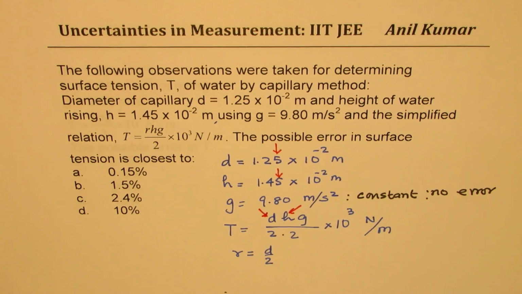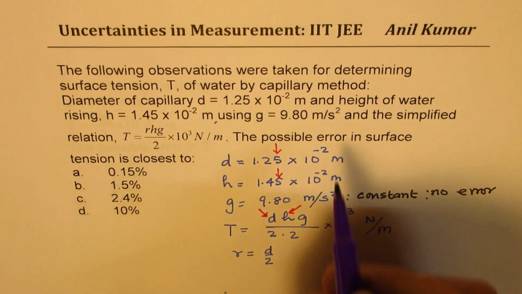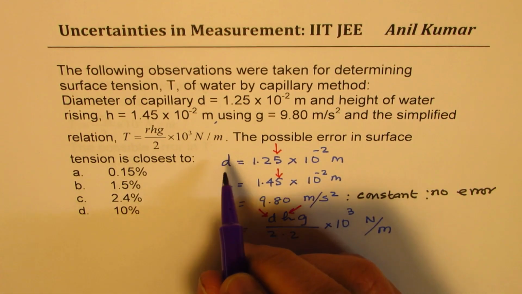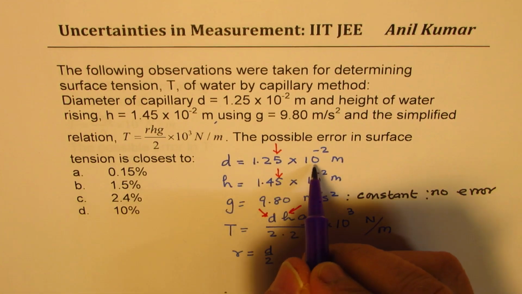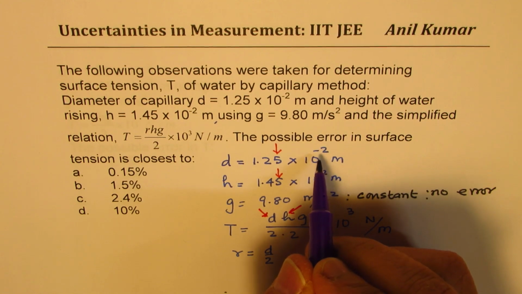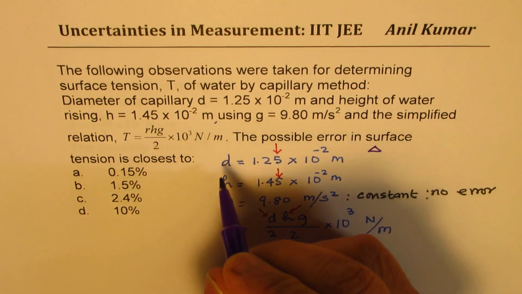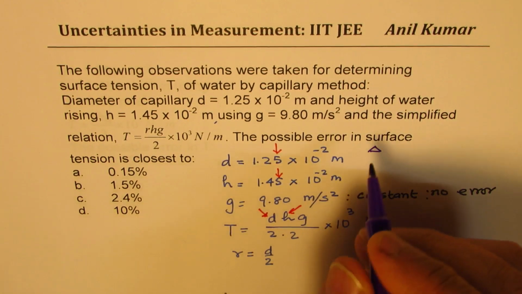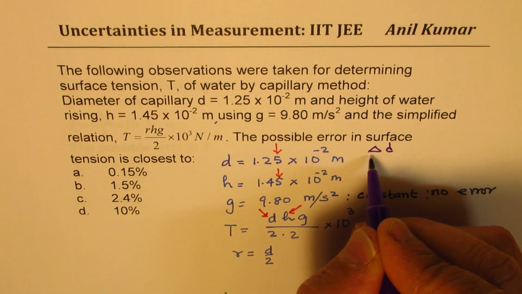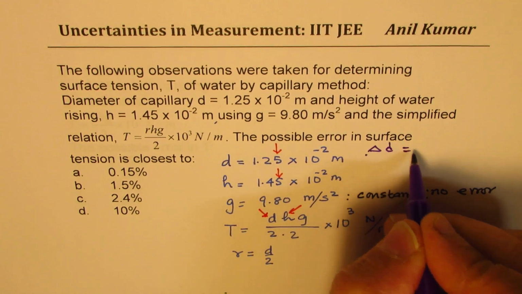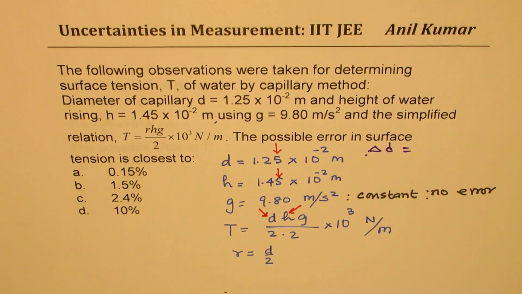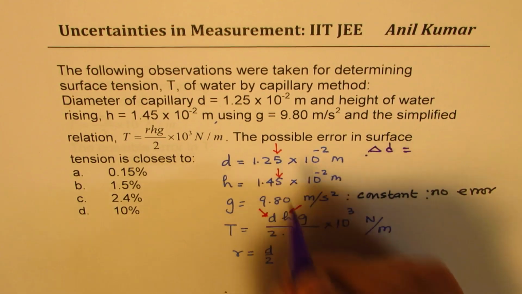So in the first case, what is the error? When we say diameter is 1.25 times 10 to the power of minus 2, what are we saying? We are saying that the error in diameter, delta D, could be what? The diameter error could be 0.01 times 10 to the power of minus 2, since the error is at this place.